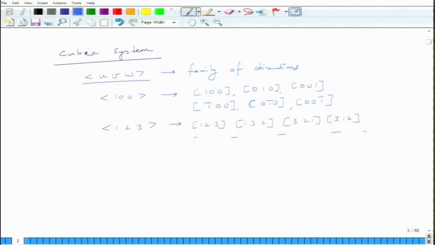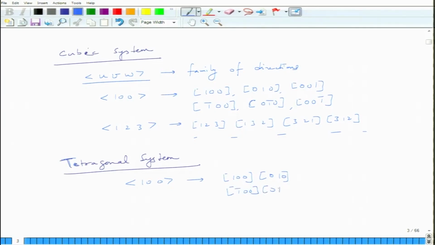Similarly, in tetragonal system, 100 will mean only 100, 010, bar 100 and 0 bar 10, and 001 would mean 001 and 00 bar 1, because the translation along those two is different, right.